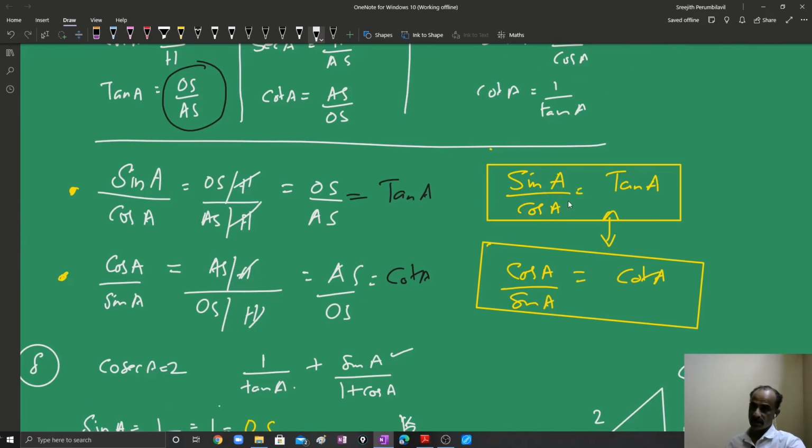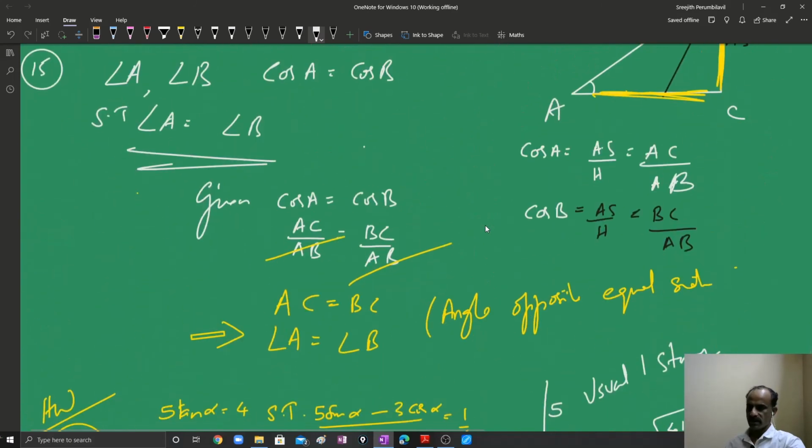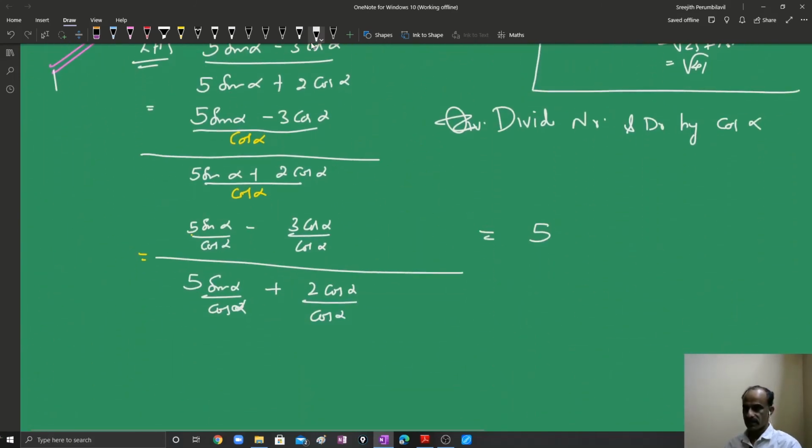Sin alpha by cos alpha. What is sin alpha by cos alpha? It is nothing but tan alpha. Minus, cos cancels: 3, divided by 5 plus again sin by cos, tan alpha, plus cos cancels: 2.